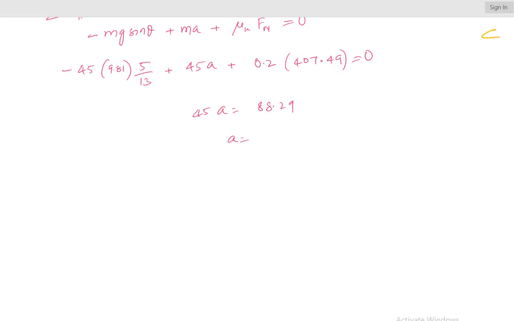A is 88.29 divided by 45. That's 1.96 meters per second squared.